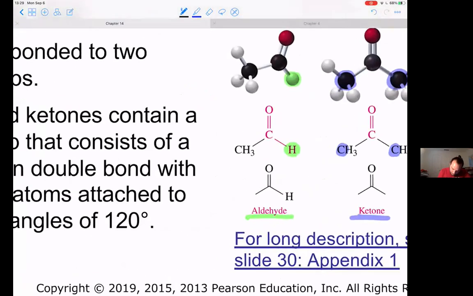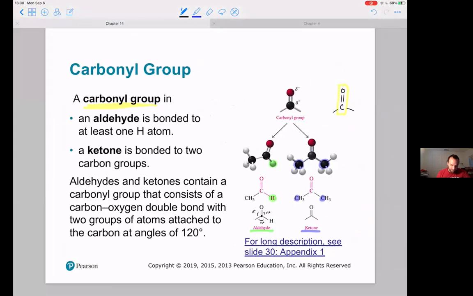So this central carbon here, all of these bonds are 120 degrees, right? With alkanes, we said they formed a tetrahedral shape. With alkenes, because of that double bond, they form a trigonal planar shape. And that's the same thing with aldehydes and ketones. They have a double bond in there, so it's going to be forming a trigonal planar shape.